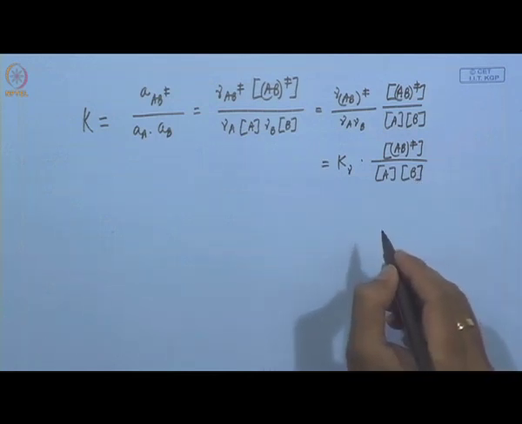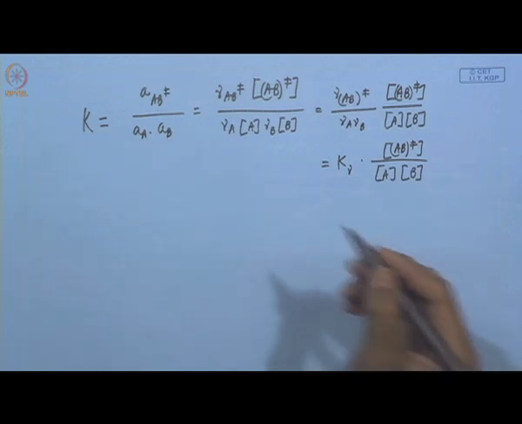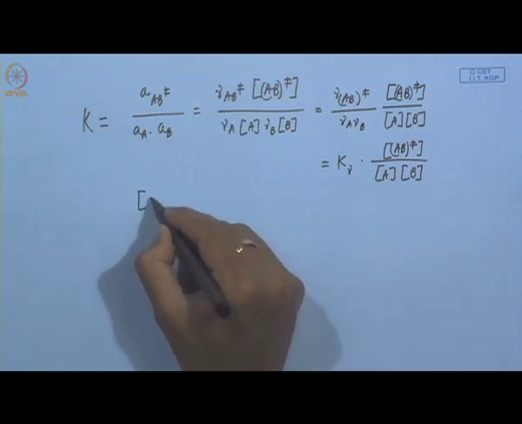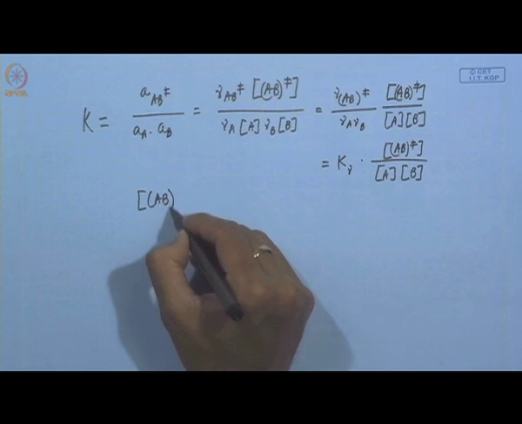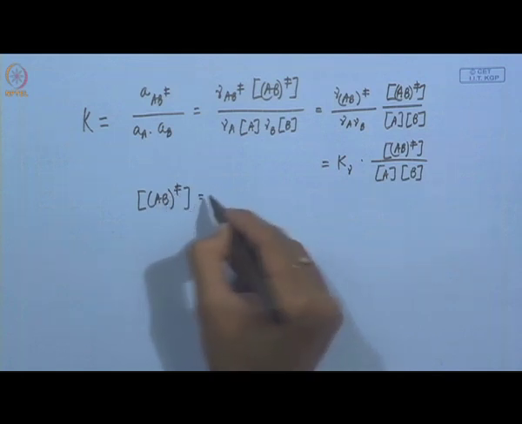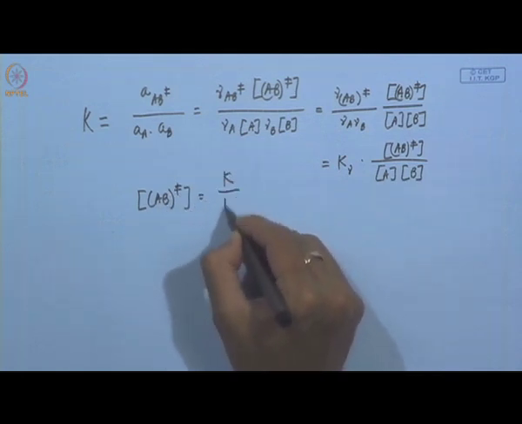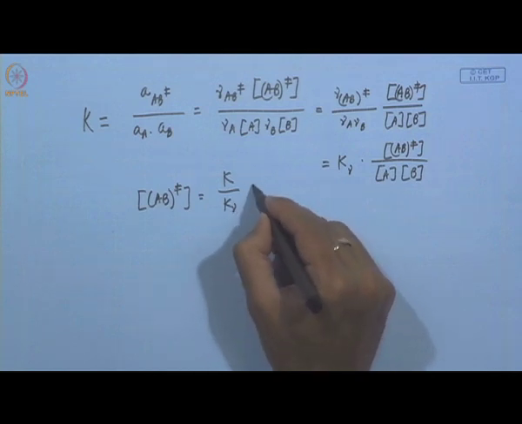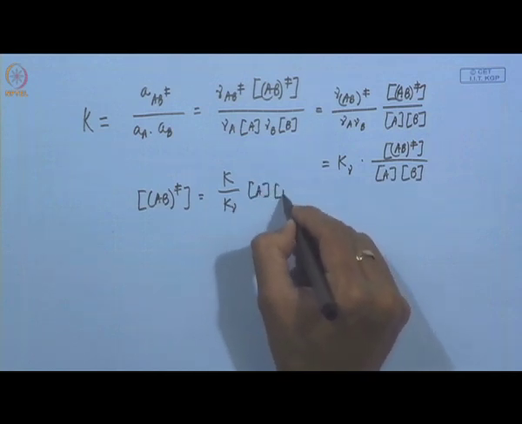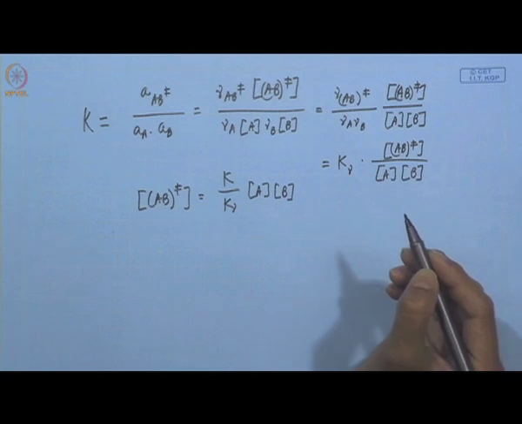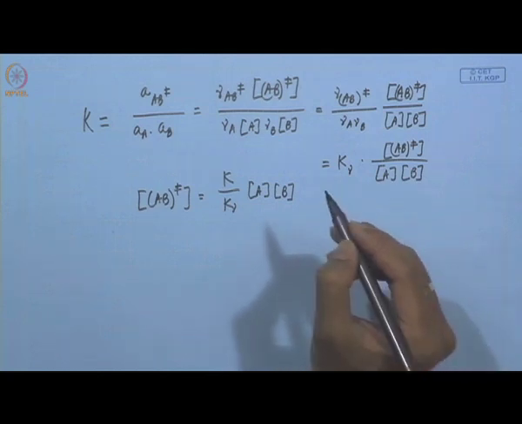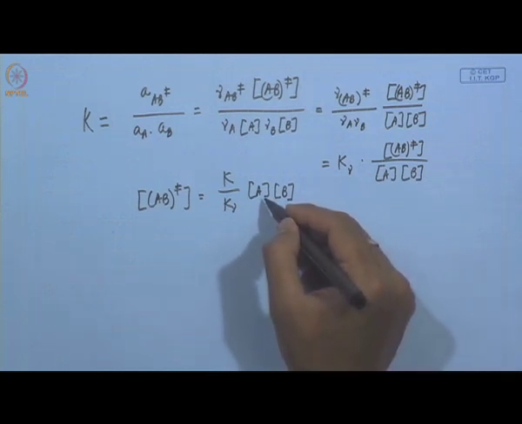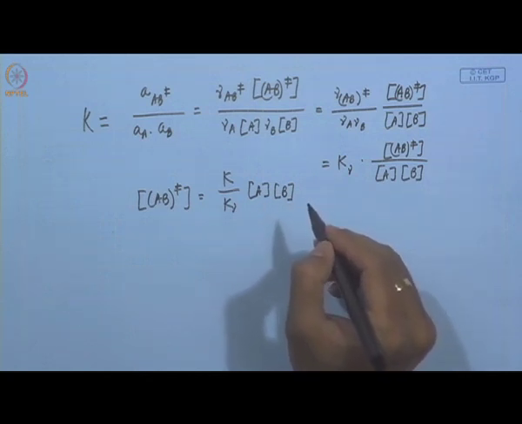Simplifying and rearranging, the concentration of AB equals K by K gamma times A times B. If we insert this into the rate equation, what do we get?